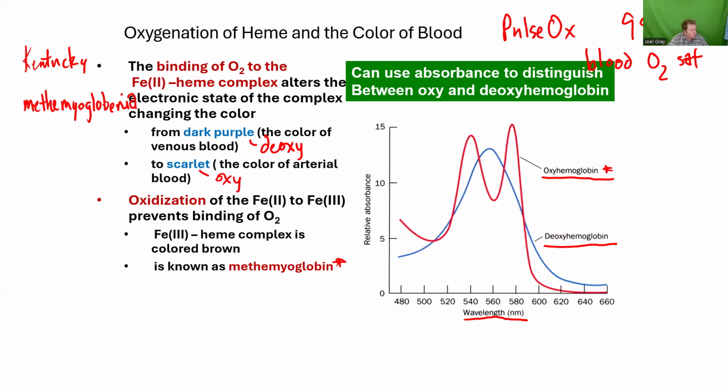Methemoglobinemia is a disorder in which people have a mutation in their hemoglobin, which causes a blue pigment to their skin.